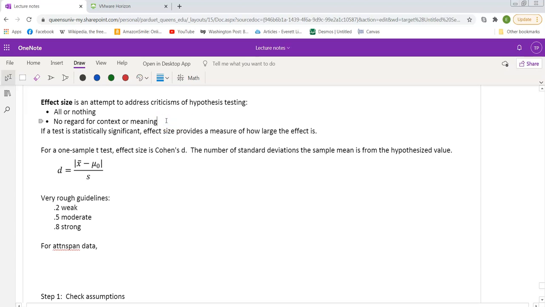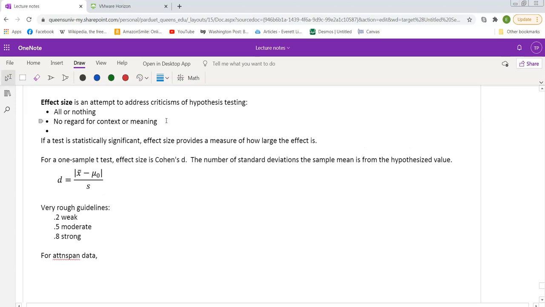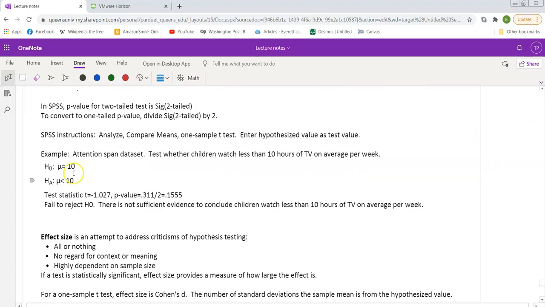And there's one more criticism that I'll say, and that's that it's highly dependent on the sample size. It doesn't matter how small of a difference you have. If you have a large enough sample size, it's going to be statistically significant. So if I were running this last hypothesis test, say the sample mean was 9.9999999 hours of TV on average per week.